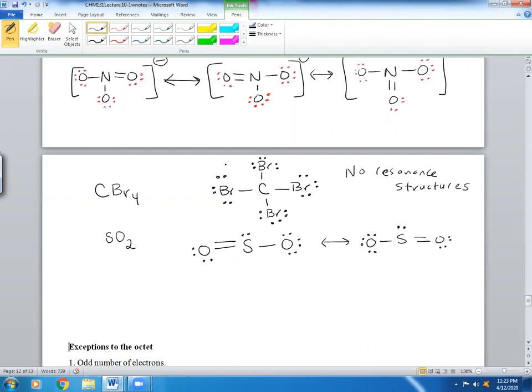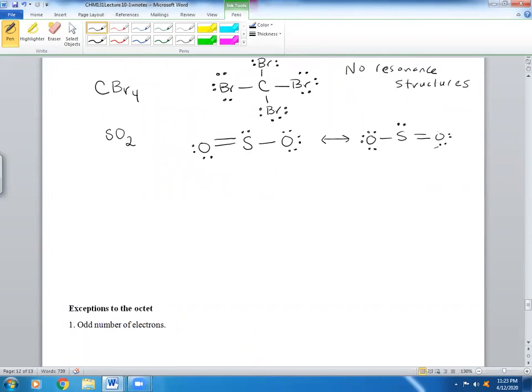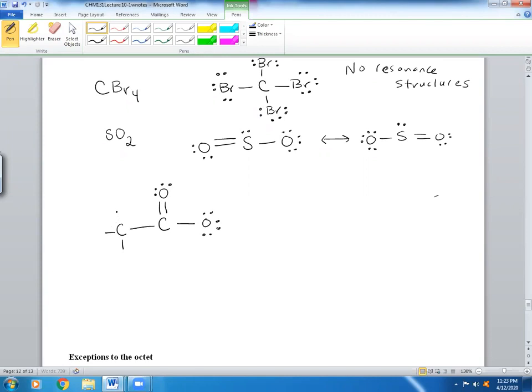What about here? Let me just move down a little bit here. Okay, that's enough. What about something like this? Do I have any resonance structures here?